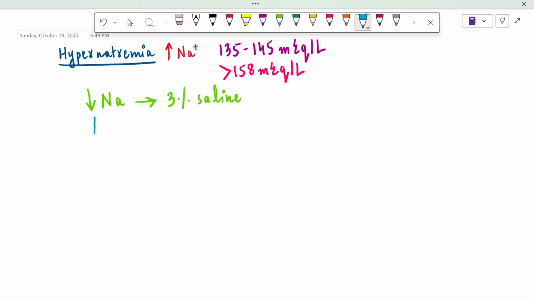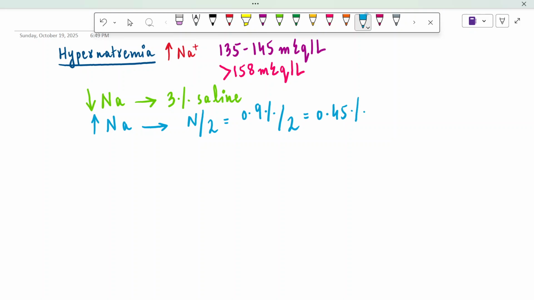But in case of hypernatremia, when the sodium levels are already increased, we are using hypotonic saline, that is normal by 2. What does it mean, normal by 2? The normal saline is 0.9%, and we divide it by 2, we obtain a number that is 0.45% saline.